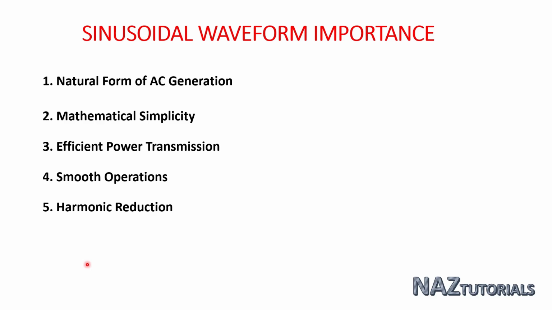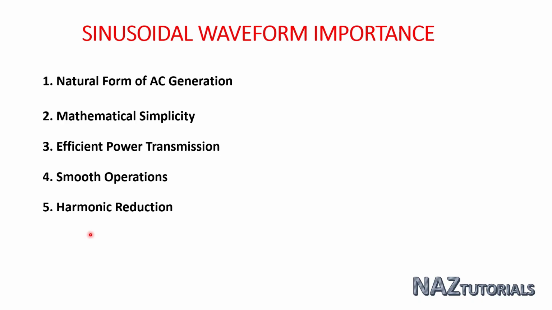A sinusoidal voltage or current wave consists of the fundamental frequency, so it avoids unwanted harmonics that are produced by distortion or heating in a system. You can see some harmonics in a system if you apply a nonlinear load or by some other means.